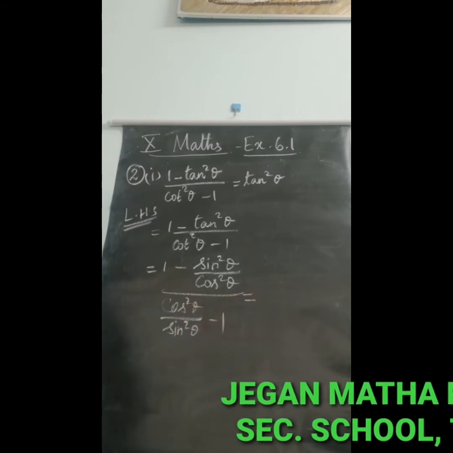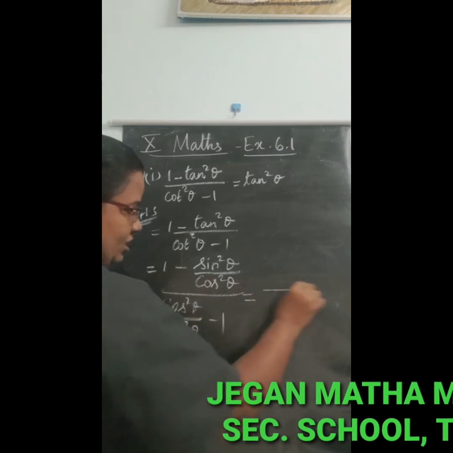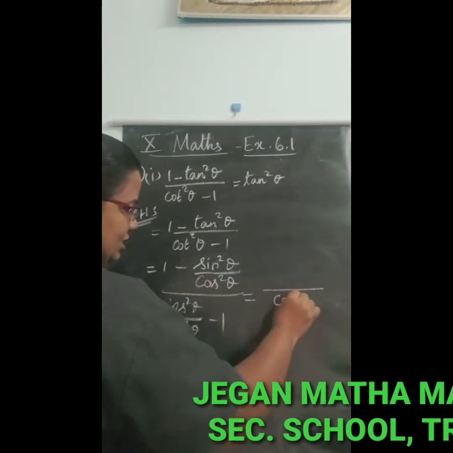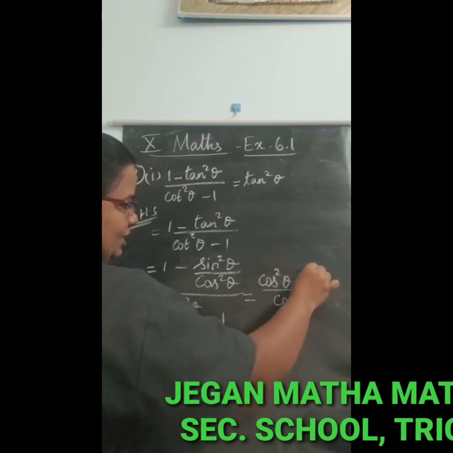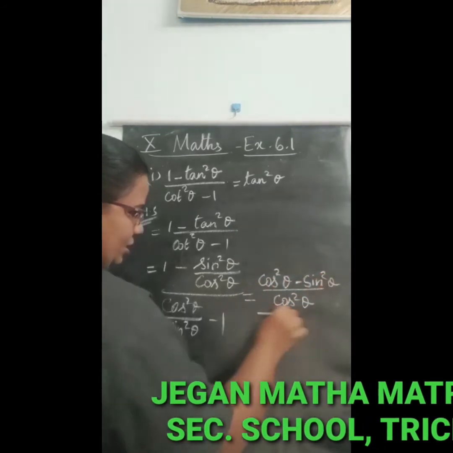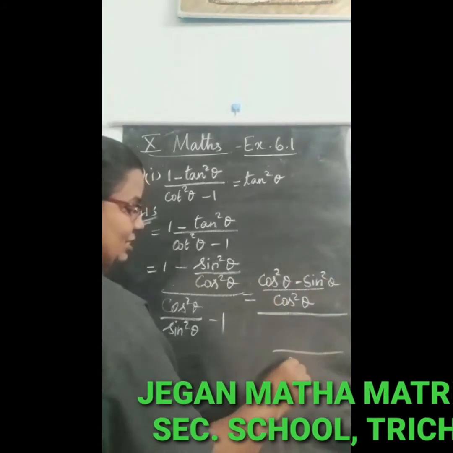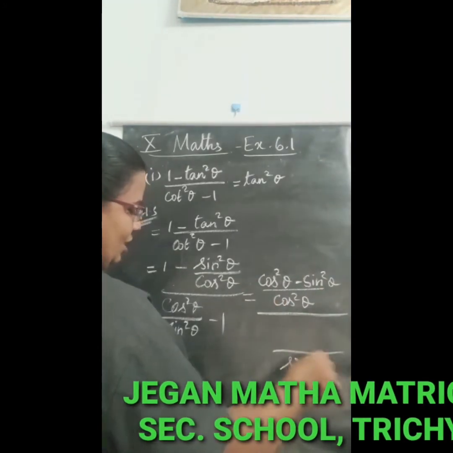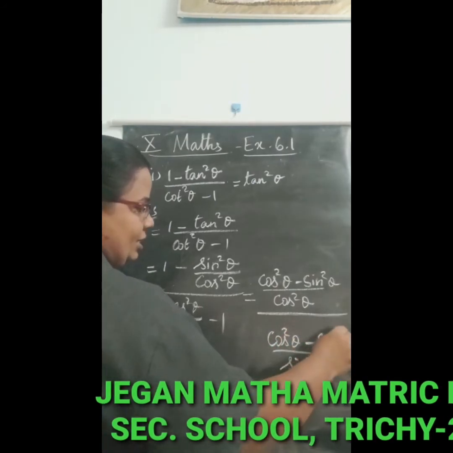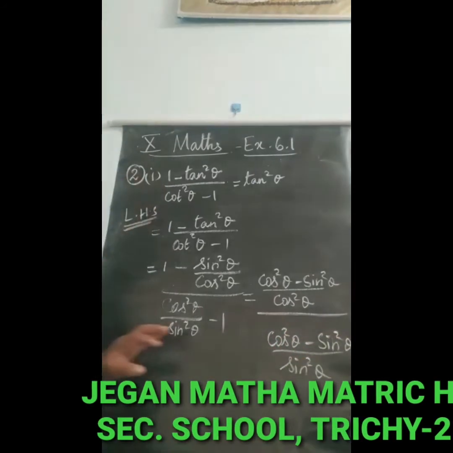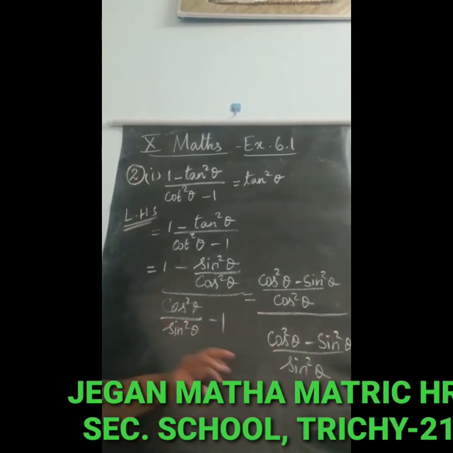Now let us take the LCM for the numerator: cos square theta minus sin square theta divided by, what is in the LCM? That is sin square theta. So cos square theta minus sin square theta, and you have to take the reciprocal.